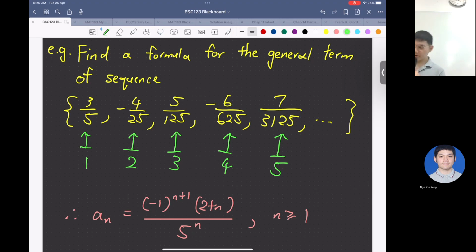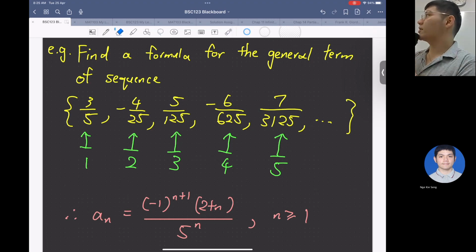First of all, you can see that this sequence has alternating minus. To get the alternating minus, you can take power of -1. When it is odd, power of -1, you get minus. When it is even, you get positive, right? Then you should observe that the numerator form a pattern: 3, 4, 5, 6, 7. It's like a natural number but shifted by 2.